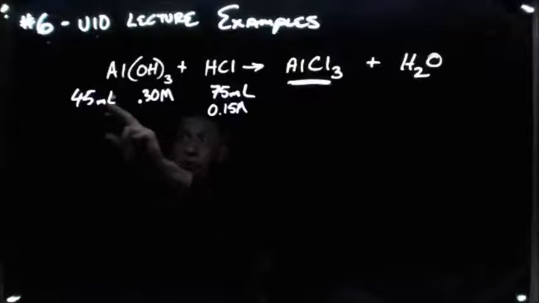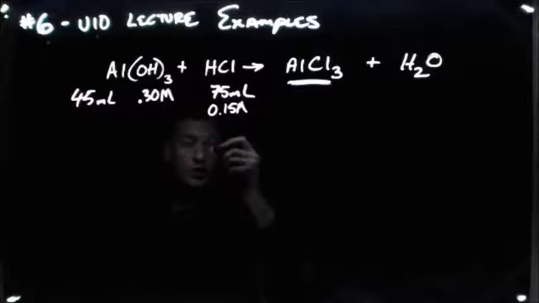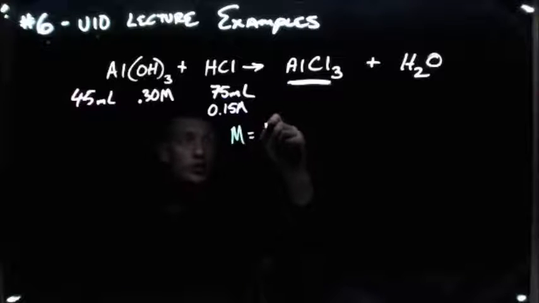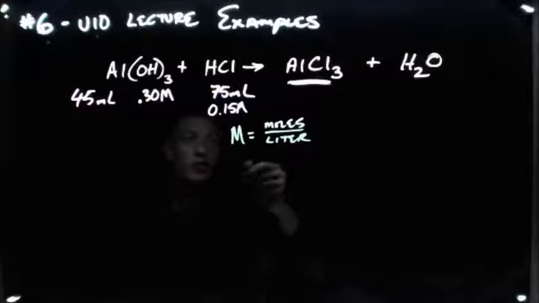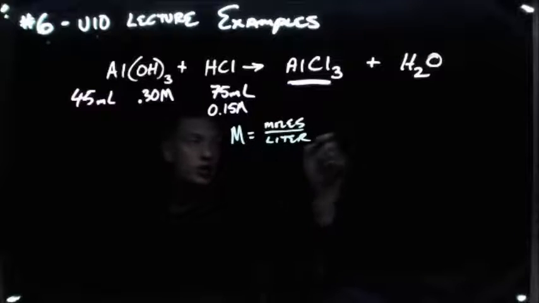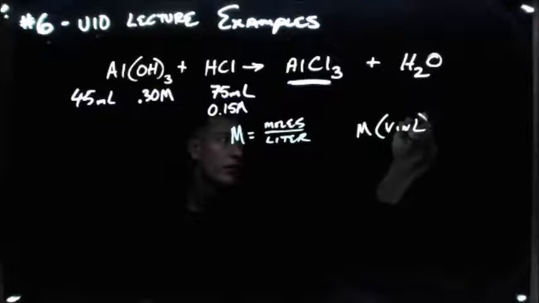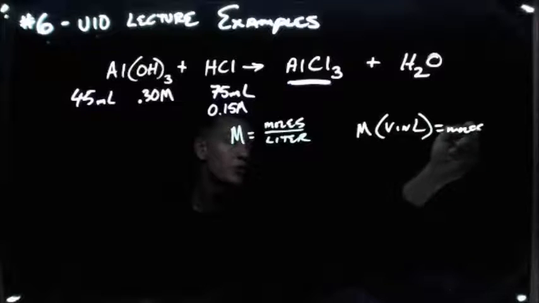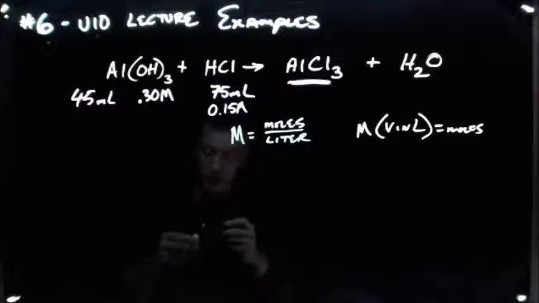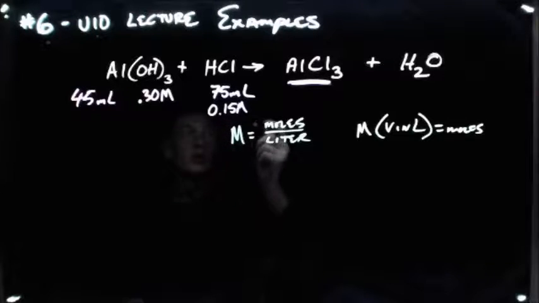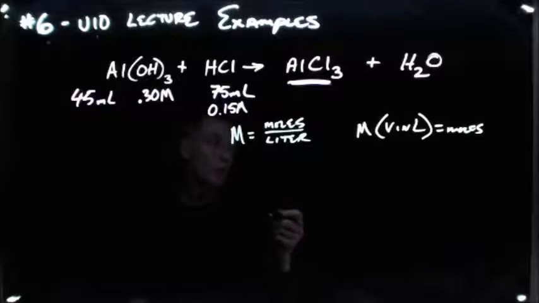So we have 45 milliliters, and let's just recall that molarity is equal to moles per liter. So if I multiply molarity by the volume in liters, that will equal moles. And I guess I need to balance that equation, right?